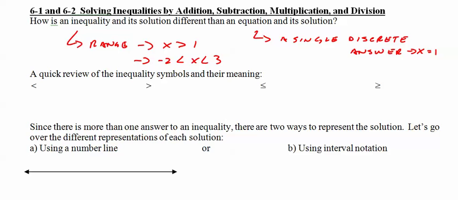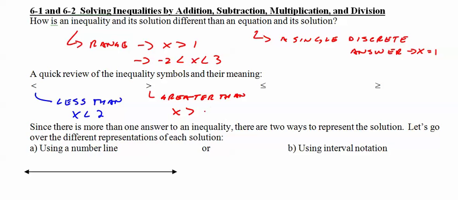So, what does this mean? This means less than. X is less than 2. This means greater than. X is greater than negative 3. This means less than or equal.